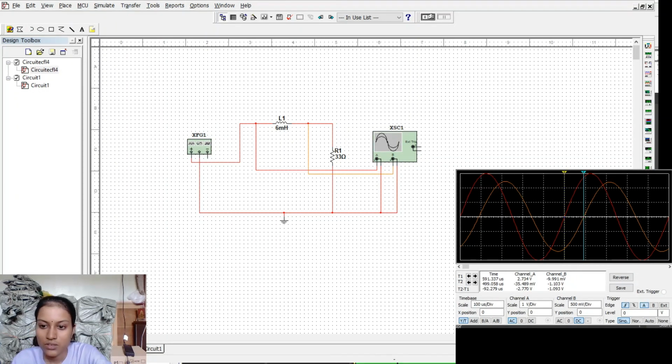If it's negative like this, then V in leads V out. So now, V out lags V in.